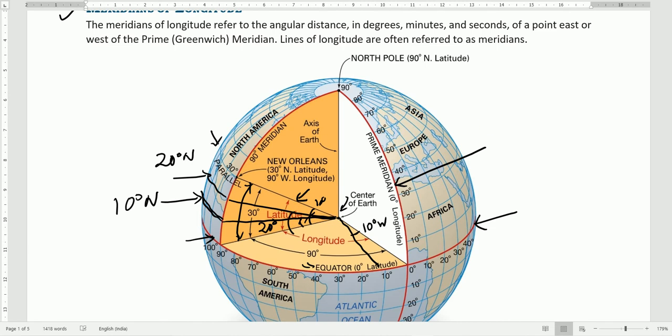Then after reaching the surface, we draw a line like this, and this line is known as lines of longitude or meridian. And likewise, we can draw the 20 degree meridian, then this is 30 degree, this is 40, 50, 60, and so on.